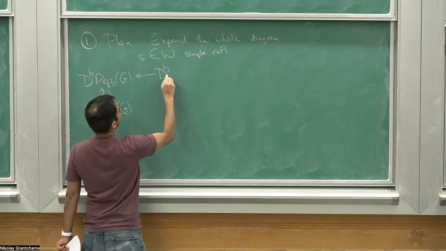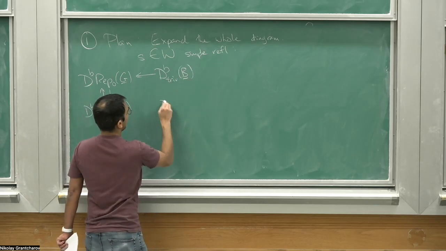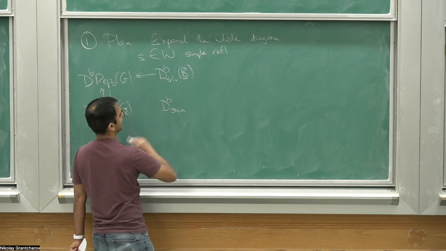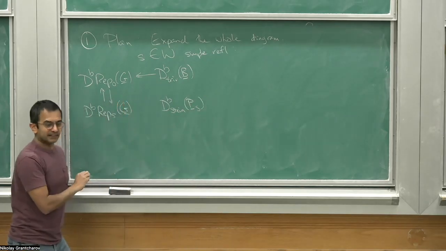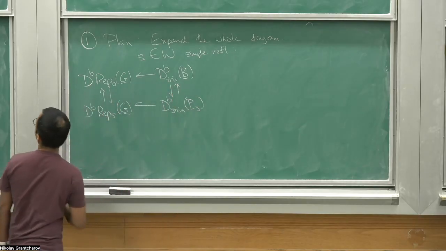And over here, I've got D^b triv B underline. There's an analogous thing here. It's not triv anymore. It has the label Stein. And the thing it involves is a parabolic labeled by S. And there are functors back and forth here.